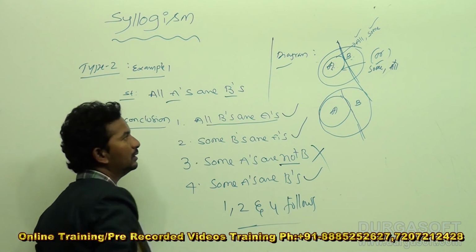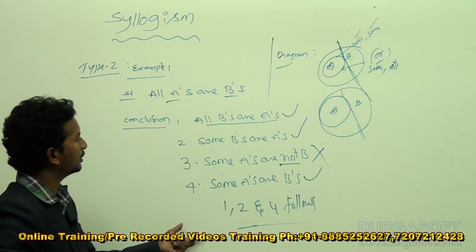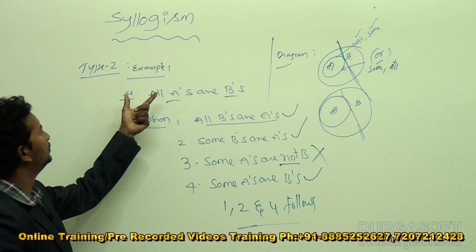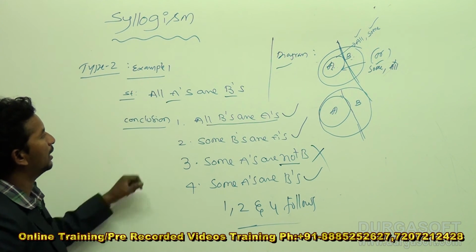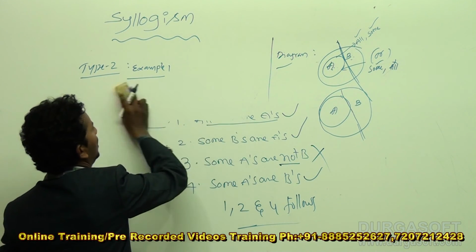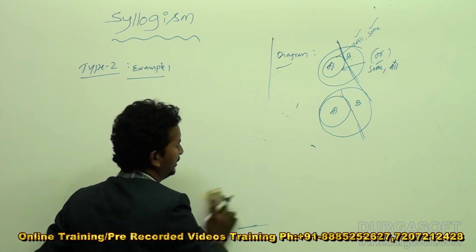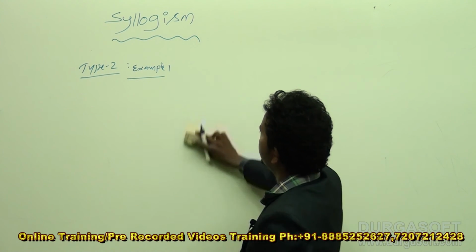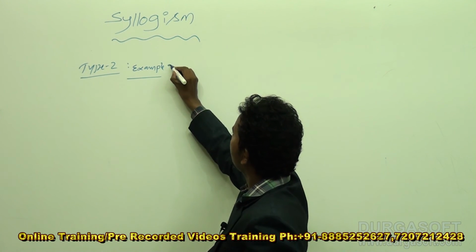So these are the conclusions. Now I am taking example 1. Now I am taking example 2. Again see the diagram. Now see example 2, type number 2.